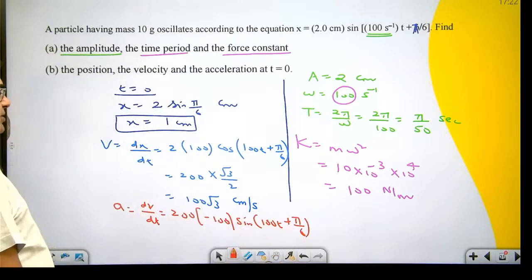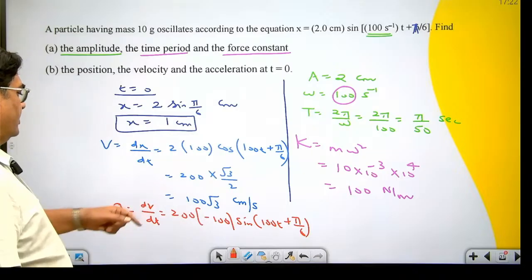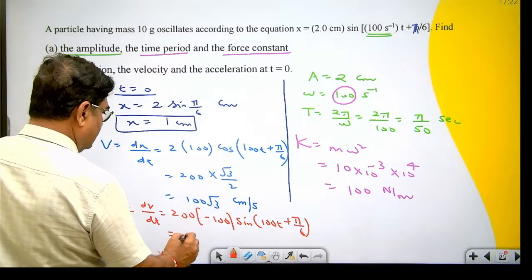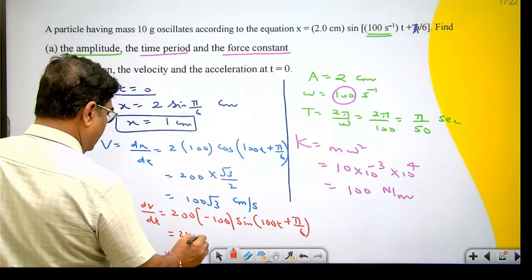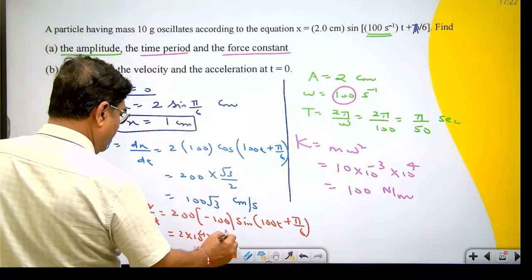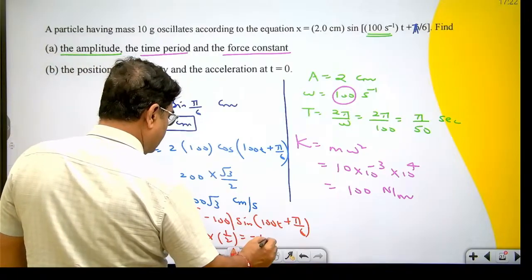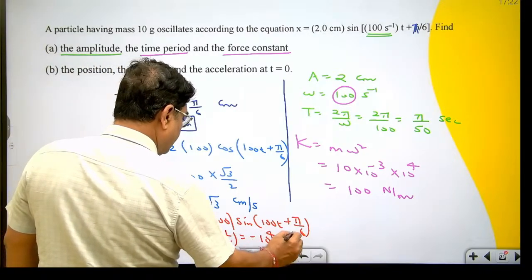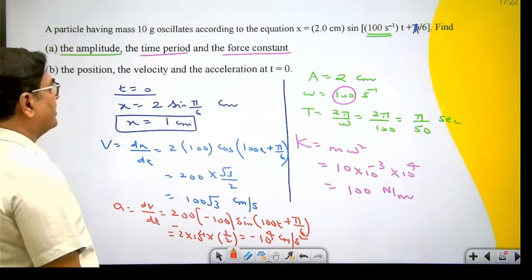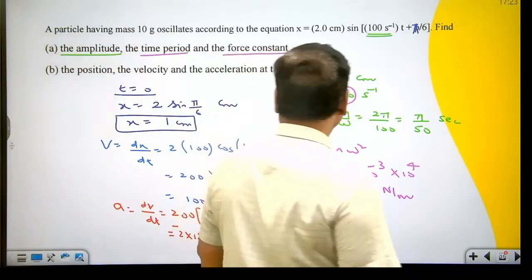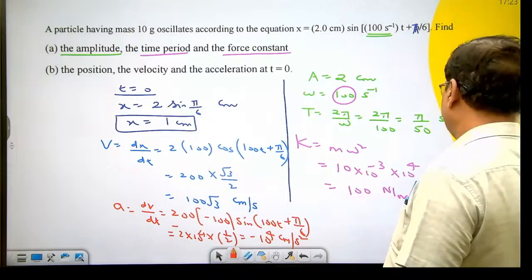At t equal to 0, this will be sine pi by 6. This is 200 into 100 into sine pi by 6, means sine 30 degree. This is minus 2 into 10 power 4 into 1 by 2. So the answer is minus 10 power 4 centimeter per second square. This is the acceleration, okay? So all these things we have calculated.